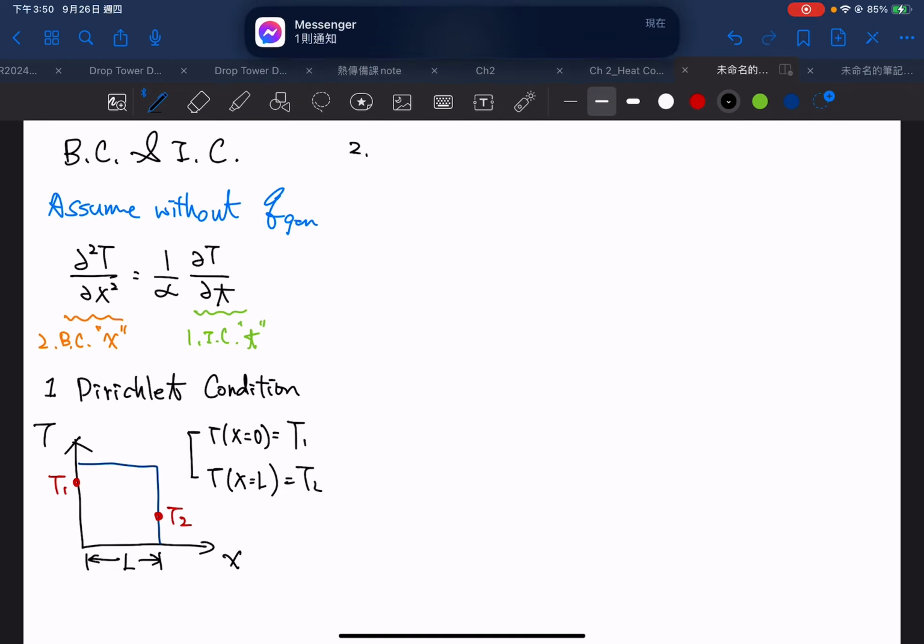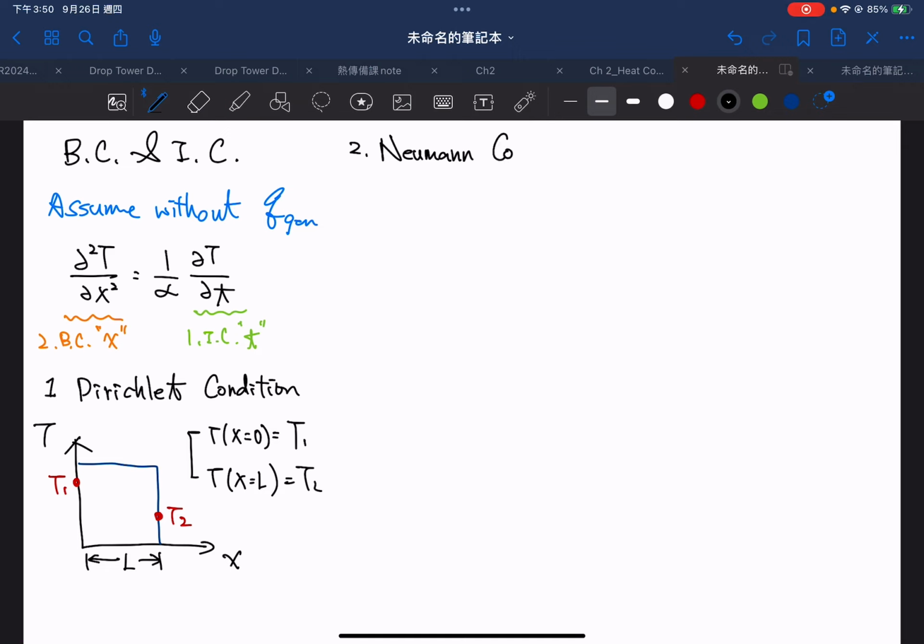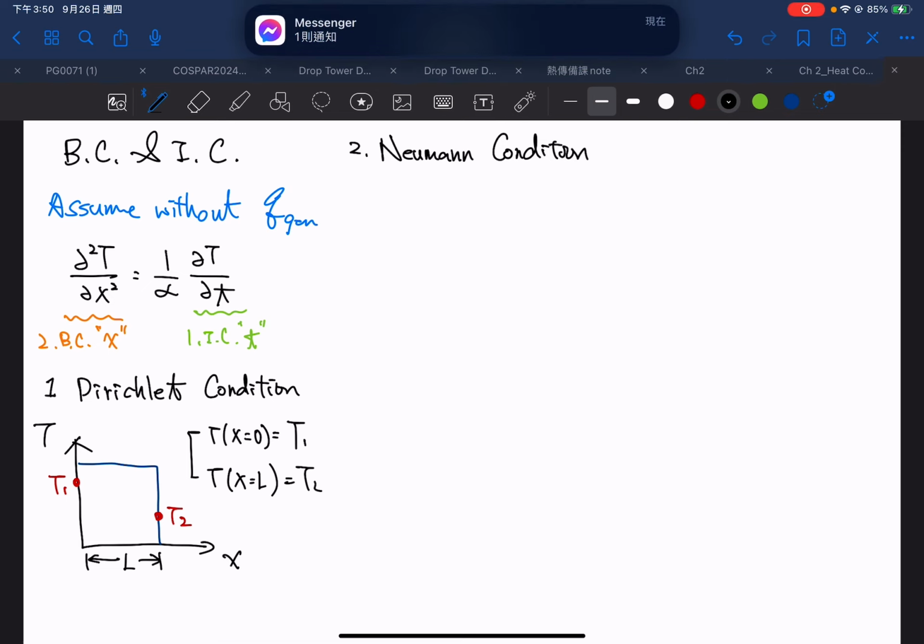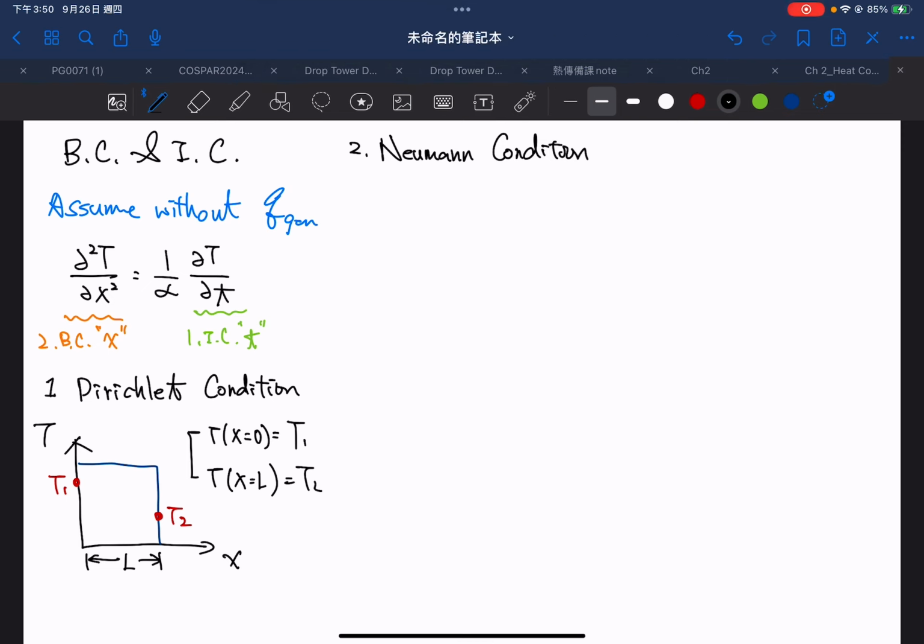The second one is the Neumann condition. The Neumann condition means you have a specific surface and it has a heat flux. This is slightly different from the Dirichlet condition. With the Dirichlet condition, you have a surface and you know its temperature. With the Neumann condition, you have a surface and there's a heat flux going through it.